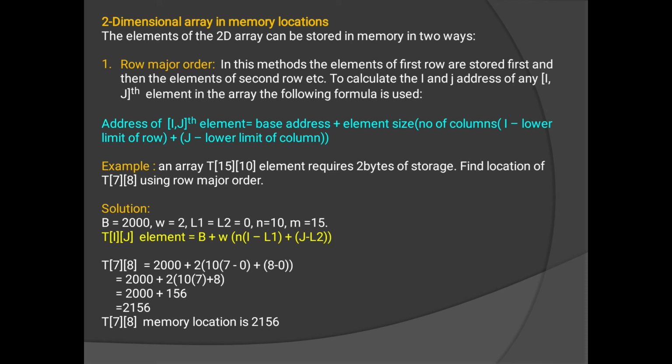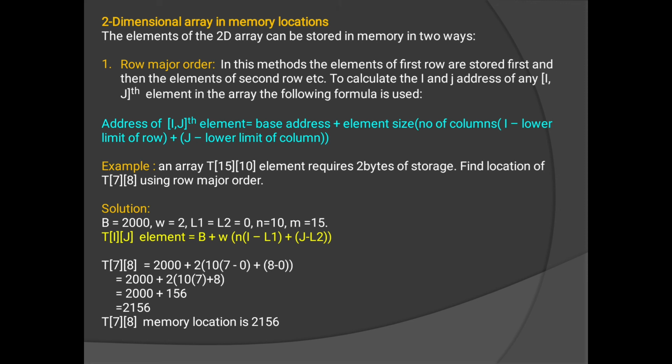Here is an example: an array T[15][10], which means 15 rows. The name of the array is T. This array T contains 15 rows and 10 columns, 15 rows horizontally and 10 columns vertically. Each element requires 2 bytes of storage.